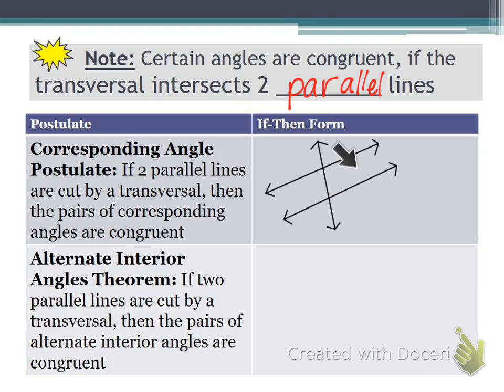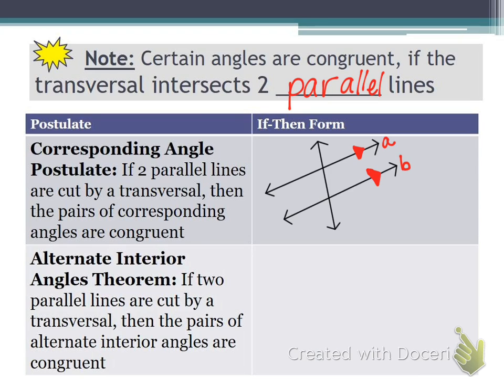How will I know that these two lines are parallel in my diagram? I need to put some triangles on them. Okay, so we'll put those triangles on there. I should probably also name them if I'm going to talk about them. What do you want to name them? A and B. Sure. Lines A and B.